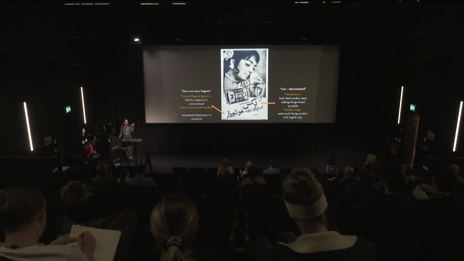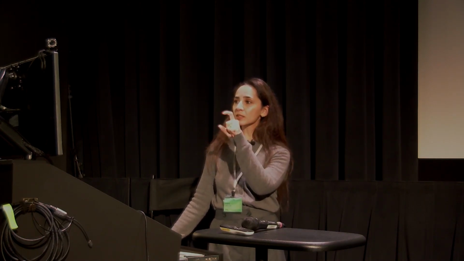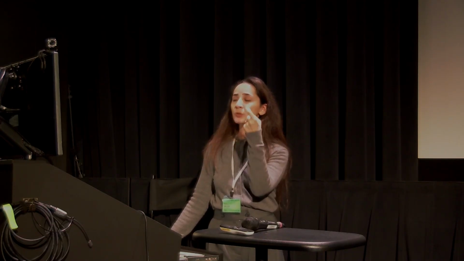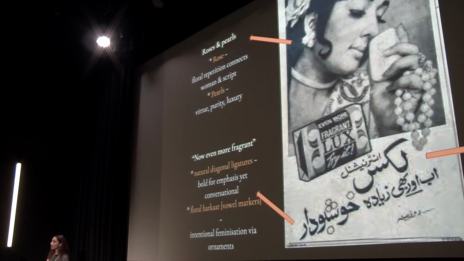And like I said, I love focusing on the typography as well as the visual elements around it. So when we focus on the rose and pearls in the image, the rose, which also looks white, similar to the soap that is white, in her hair, and the pearls around her neck and hand symbolize notions of virtue, elegance, luxury, and the flower naturalizes the soap, saying that this beauty is innate, organic, and part of her nature.